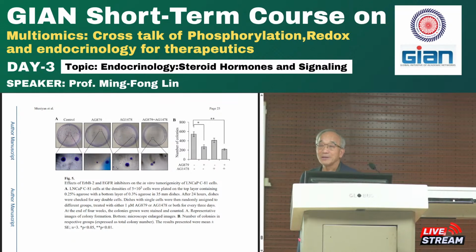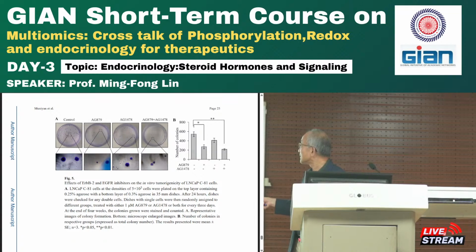A normal cell cannot grow on top of 0.3% agar, only the cancer cell can. Why? Because it's soft. The cancer cell does not have anchorage-dependent cell growth, while the normal cell needs anchorage dependence. So this is one of the criteria for cancer cells: they have anchorage independence and can grow in suspension.